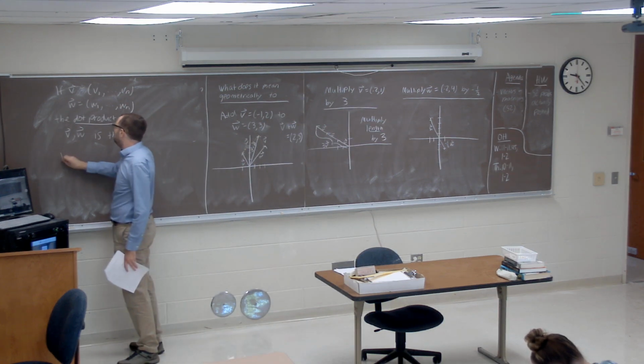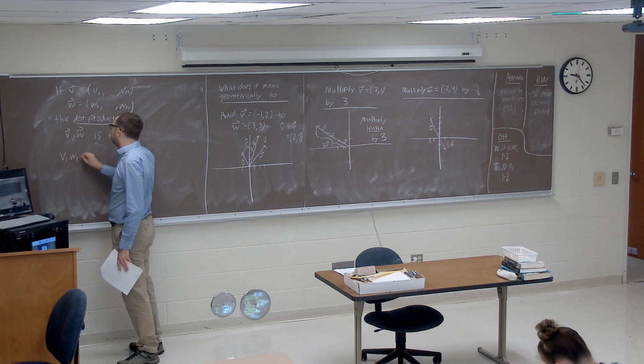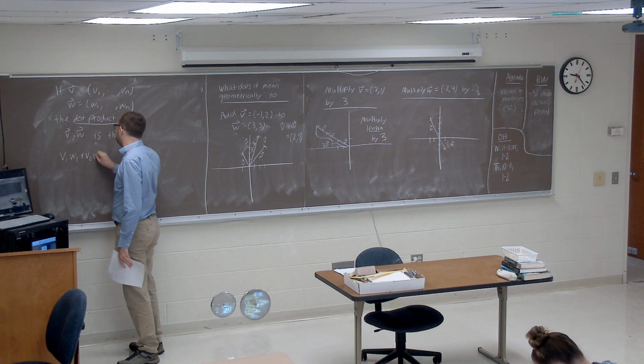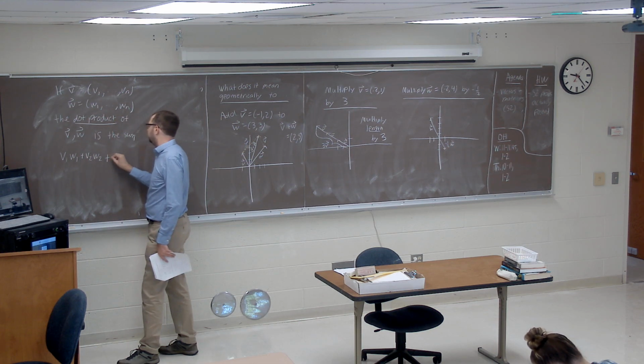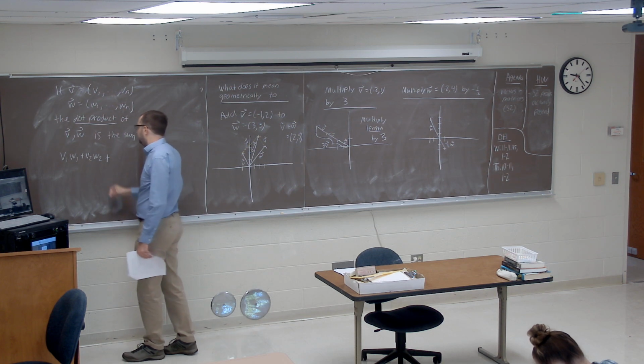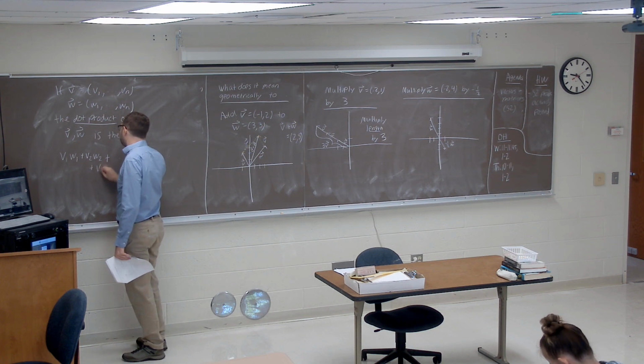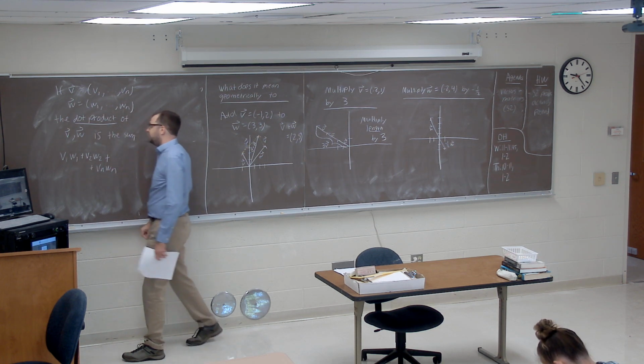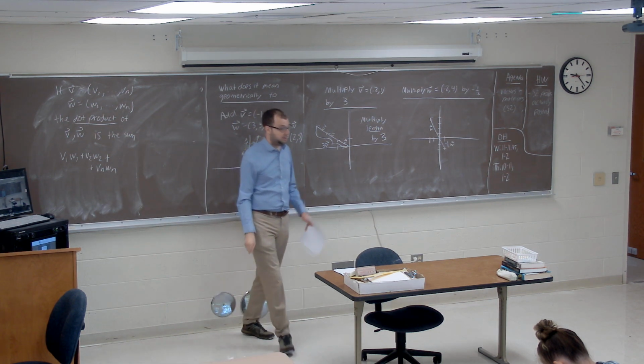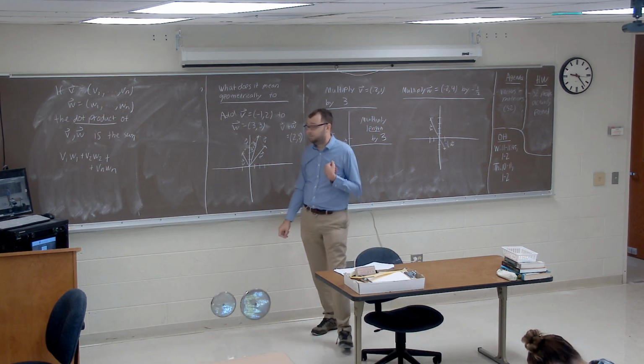So you would take v1 times w1, you would add that to v2 times w2, etc., etc., and eventually you'll get vn times wn for your last term.